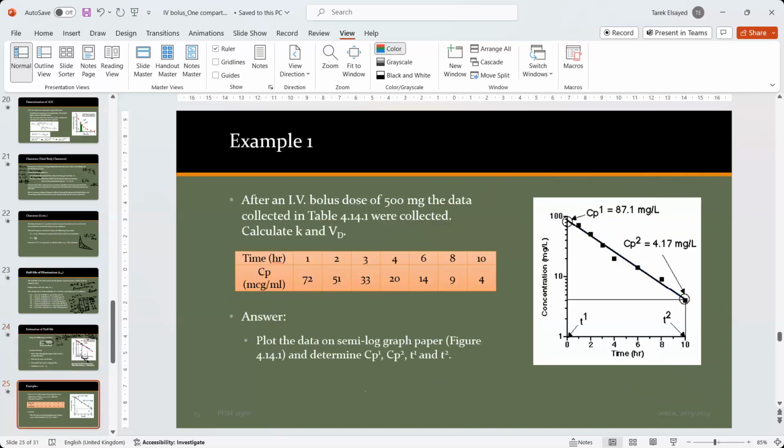Let's practice and solve some problems to see how to answer the questions. In practical life, you do a study and give a certain dose by IV bolus. In this problem, in a study, they gave 500 milligrams. Then they collected blood samples at different time points and measured the concentration at these time points.